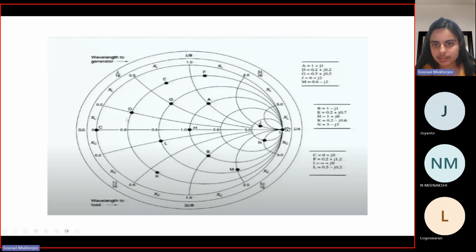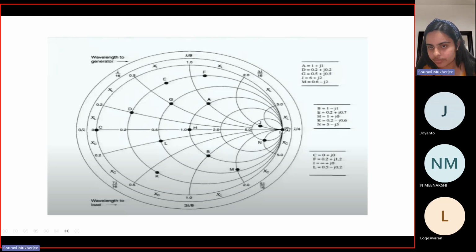When you represent the Smith chart in terms of impedances, we know that this point corresponds to the short circuit, while this point corresponds to the open circuit, right? Now if you are talking about admittance, it would be reversed.